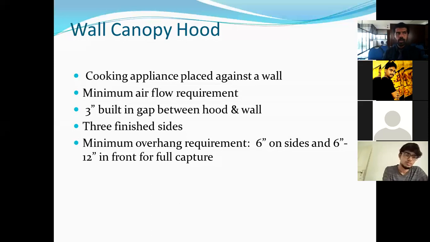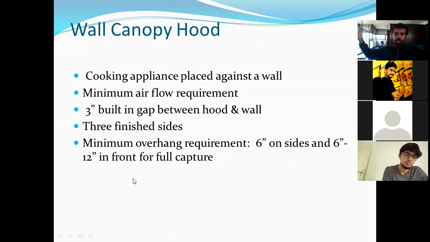Overhang. Okay, we can see the kitchen hood is always bigger than the stove, right? So on all the 4 sides, you can see how much extension should be given. That is meant by overhang. So the minimum overhang requirement is 6 inch on sides and 6 inch to 12 inch in front.